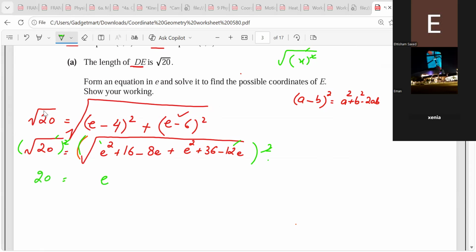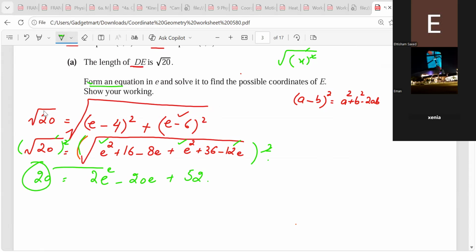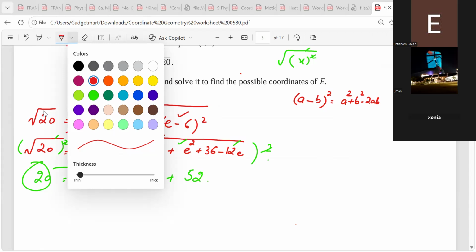Now look at this: e square plus e square becomes 2e square, minus 8e minus 12e is minus 20e, and 16 plus 36 becomes 52, right? Take the 20 to the other side. Why? Because they ask you to make an equation, form an equation. Okay? Are you getting me?